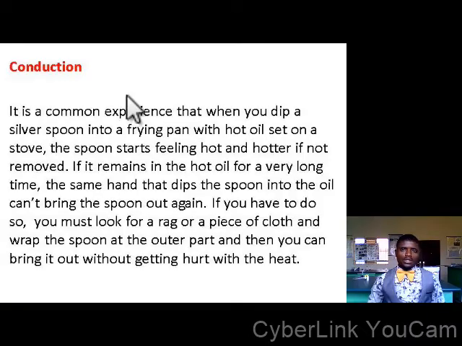Yet your hand is not physically in the oil. What is that? We call it conduction of heat energy.